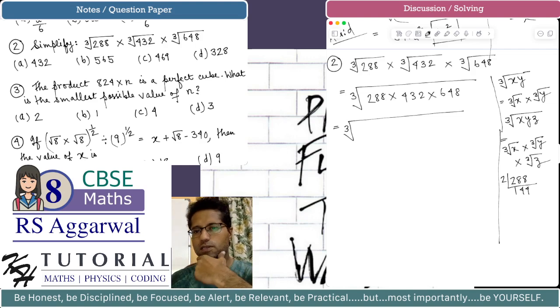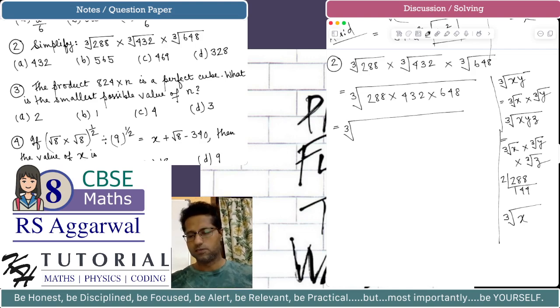Inside the cube root we have to form powers of 3. Then we can find the cube root, because we know that for a non-zero number x, the cube root of x to the power 3n, where n is some natural number, is equal to x to the power n.